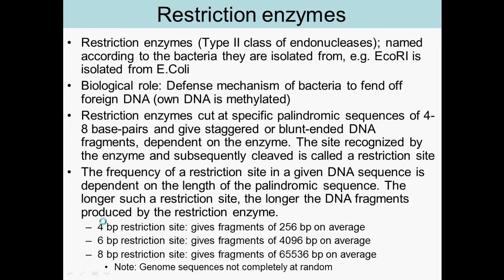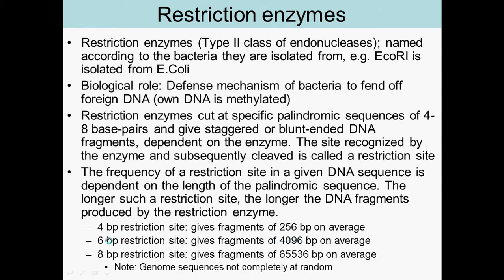If the restriction enzyme is recognizing a 4 base pair site, you have one cut every 256 base pairs on average. You get 256 because 4 to the power of 4 is 256, and 4 to the power of 6 is 4096.